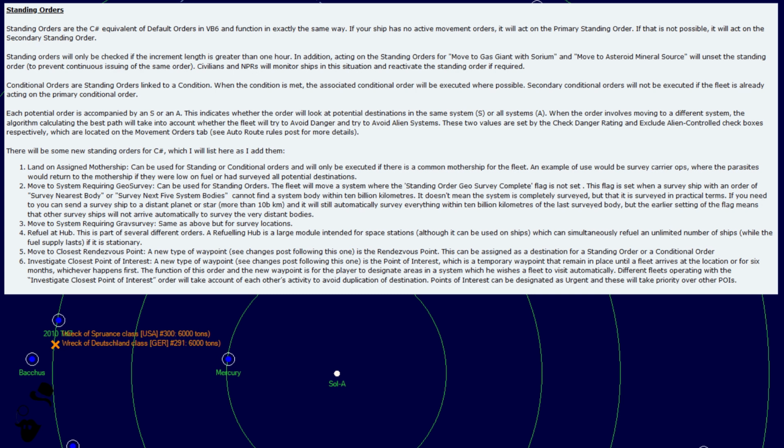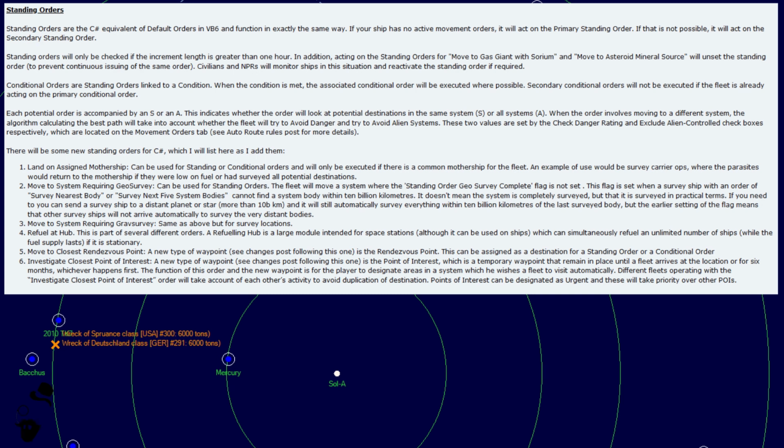If you need to, you can send a survey ship to a distant planet or star, more than 10 billion kilometers, and it will automatically survey everything within 10 billion kilometers of the last surveyed body. But the earlier setting of the flag means that other survey ships will not arrive automatically to survey the very distant bodies. Cool. Move to system requiring geosurvey, same as above, but for survey locations.